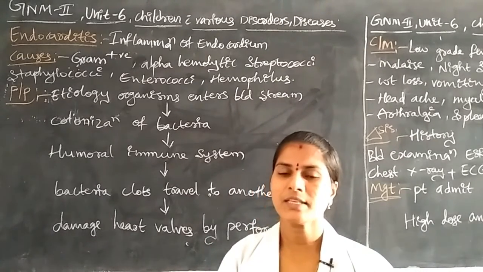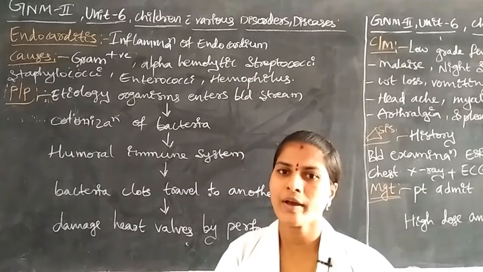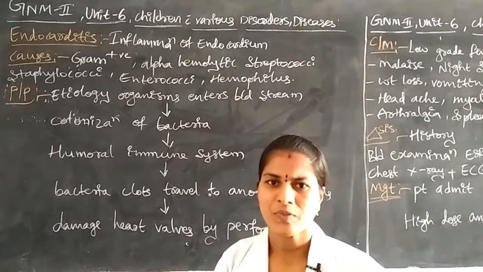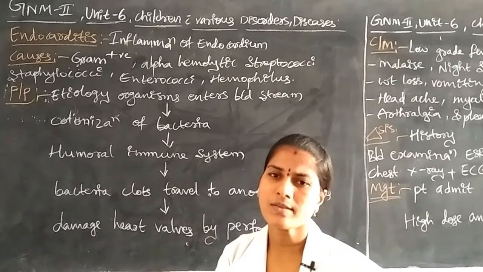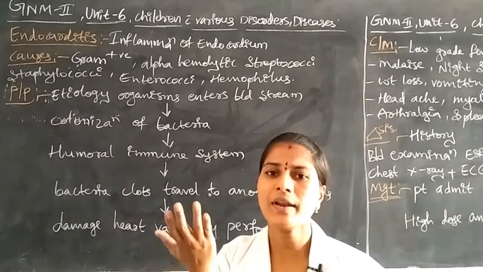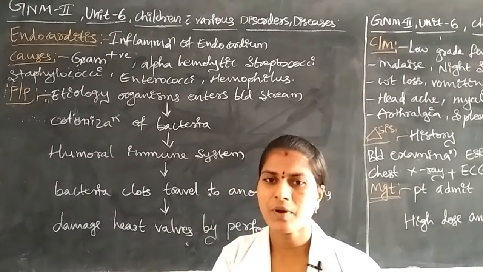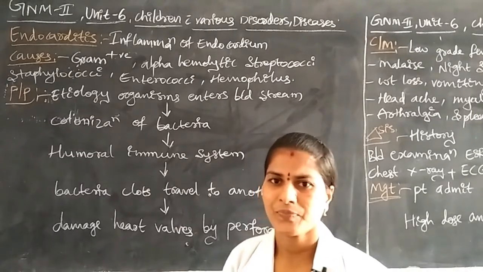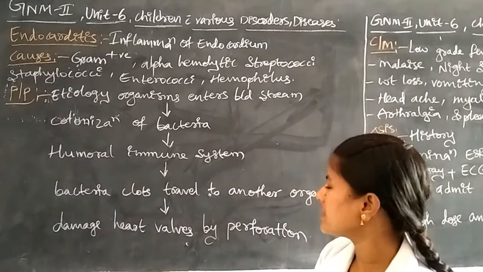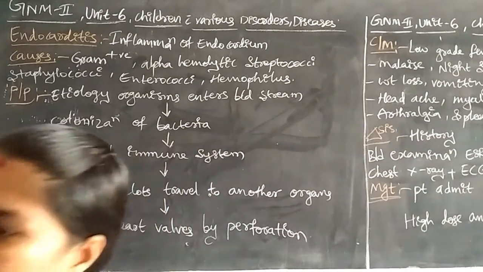That antigen is the staphylococci, streptococci, enterococci or haemophilus. These organisms increase their size and number, and the antibodies our body releases are killed. It leads to bacterial clots.